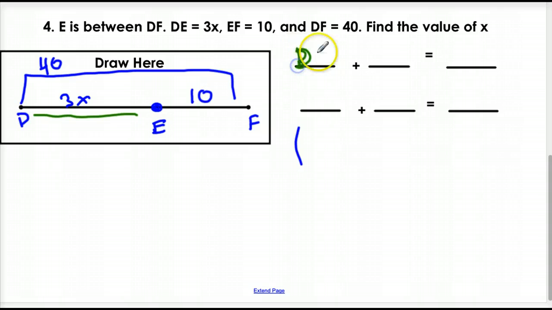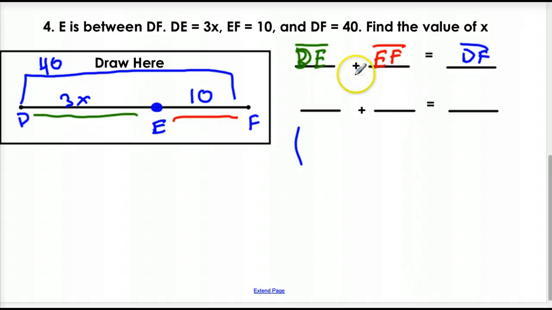Segment DE plus segment EF is equal to the whole thing, which in this case is DF. We substitute the values: DE is 3x, EF is 10, and DF is 40.